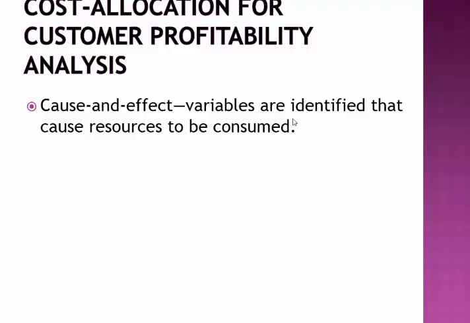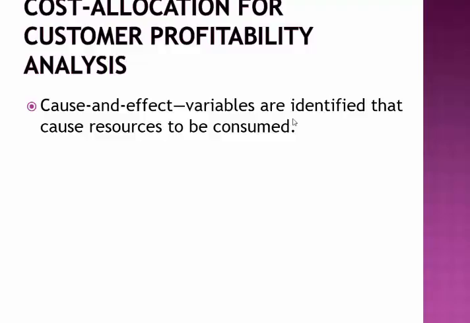We have cause and effect variables that can be identified that cause resources to be consumed. Okay, so when we talk about resources to be consumed, are we not talking about expenses and costs that are being incurred in order to provide something to someone? Alright, so cause and effect. We've got costs and expenses being incurred.